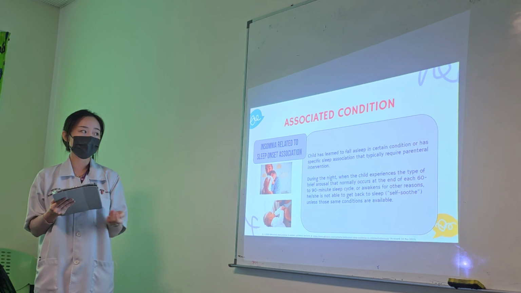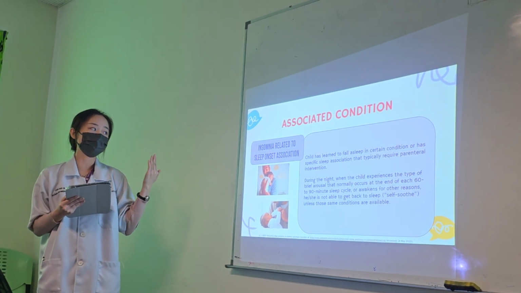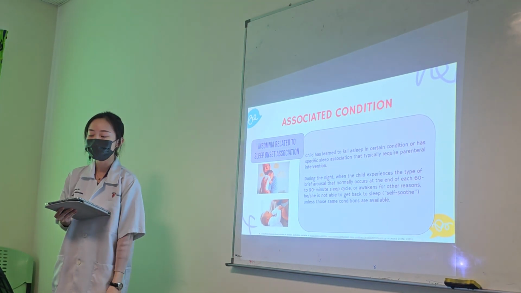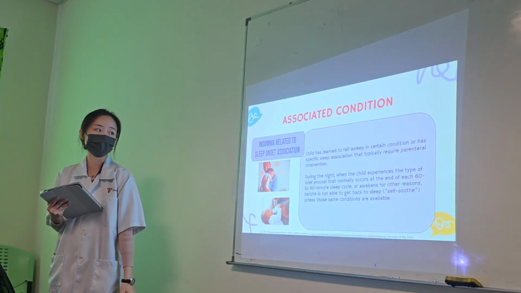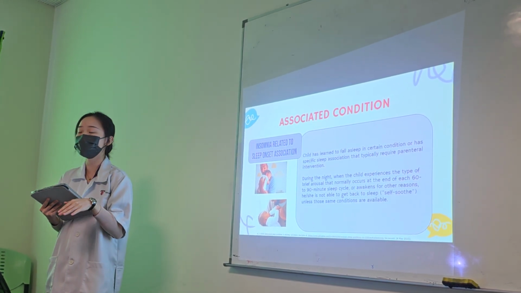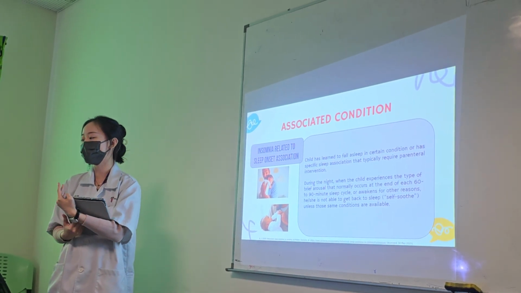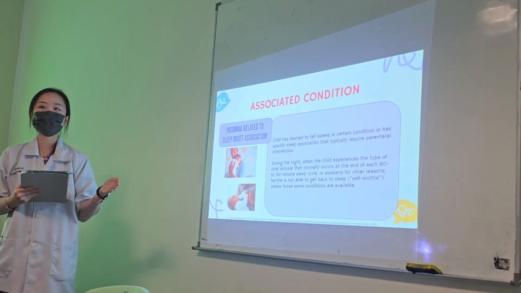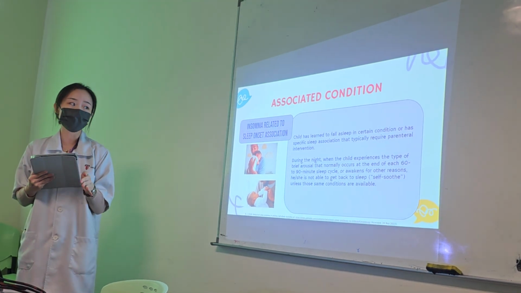There are 3 associated conditions which can cause behavioral insomnia. First is insomnia related to sleep onset association. In this condition, the child has learned to fall asleep under certain conditions or has a specific sleep association that typically requires parental intervention, for example being rocked in bed, which is usually readily available during bedtime.